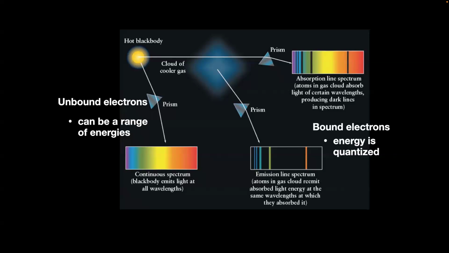If the electron is bound in an atom, it's constrained, right? They are only allowed specific energies. So a perfect emitter, what we call a black body emitter, gives a full spectrum with the peak wavelength corresponding to the temperature.